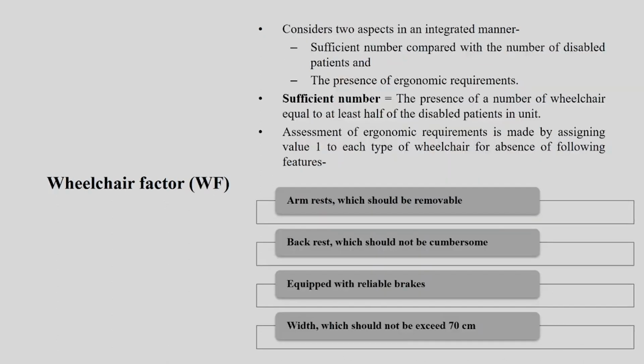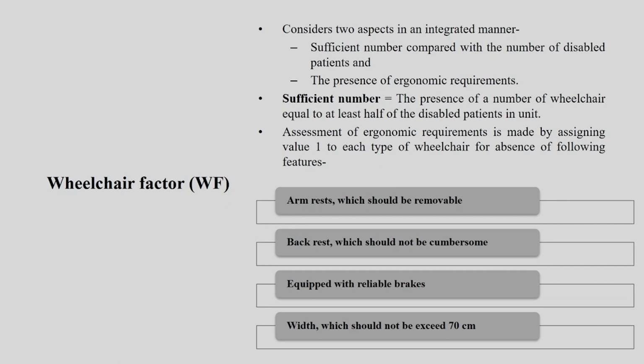Coming to wheelchair, because that is the major factor involved here. Consider two aspects in an integrated manner. First is the sufficient number compared with the number of disabled patients. Do you have a sufficient number of wheelchairs or not? And the presence of the ergonomic requirement in that particular wheelchair.